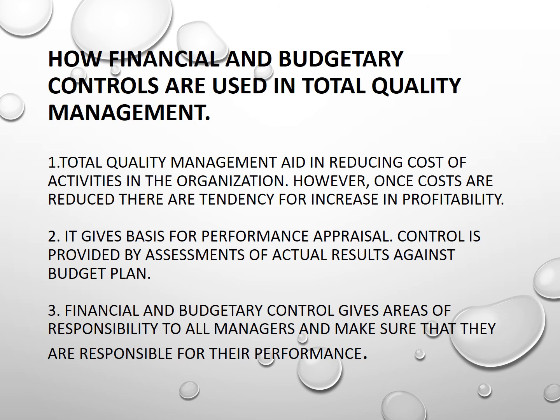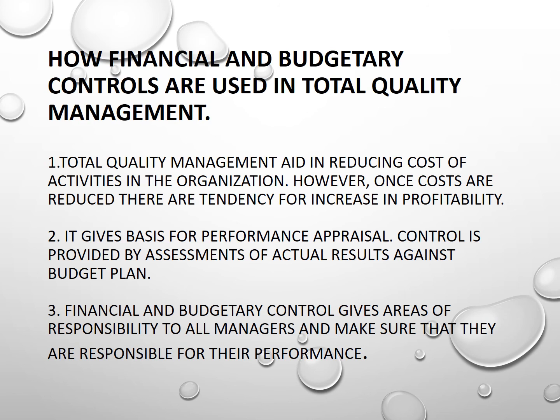And how financial and budgetary controls are used in total quality management. Number one, total quality management helps in reducing the cost of activities in an organization. Once costs are reduced, there is a tendency for an increase in profitability.